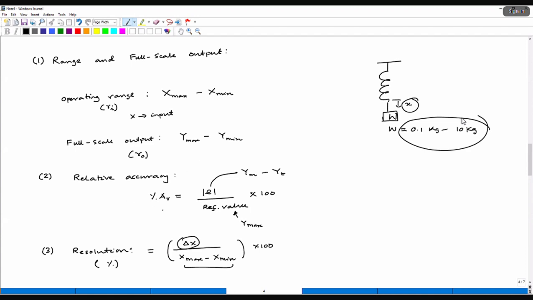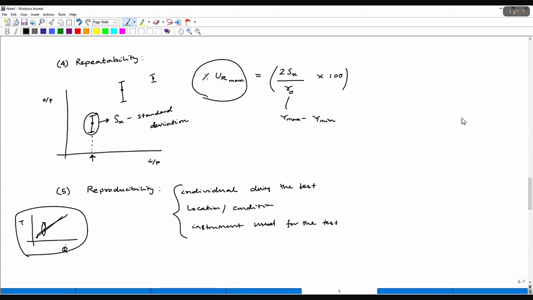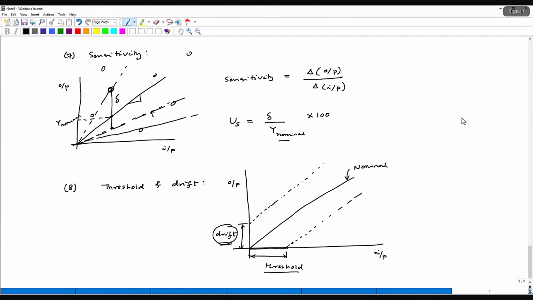Along with that, the resolution error, the linearity error, hysteresis error, sensitivity error, zero drift, everything will be mentioned in the data sheet. Typically for an instrument, they should provide all this information so that, knowing all these errors, you can say, okay, if I do some measurement, what is the error associated with the instrument?